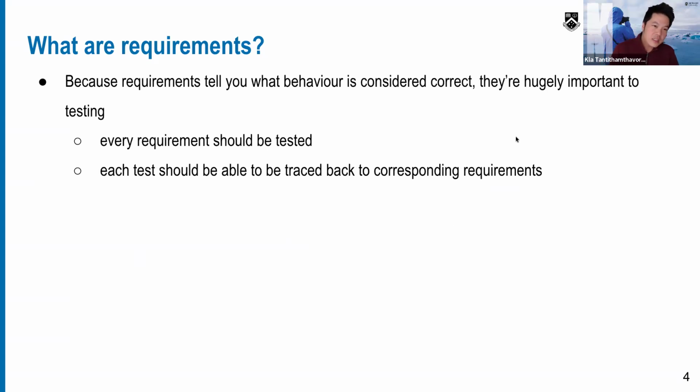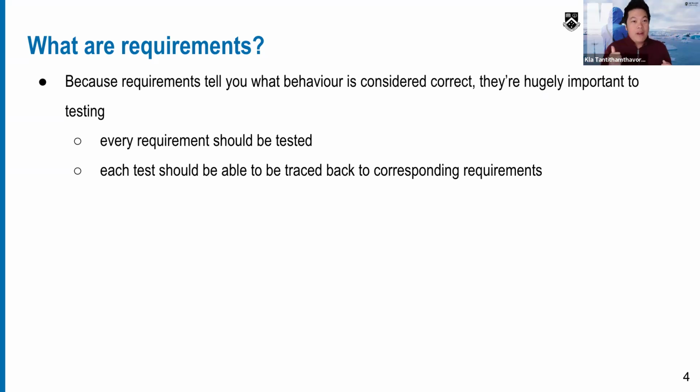The requirements tell you what behavior is considered correct, and they are hugely important to testing. As I said, we want to implement the addition function. What kind of test cases should we develop to test whether it is implemented correctly? Maybe 1 plus 1, 0 plus 0 equals 0, -1 plus -1 equals -2.